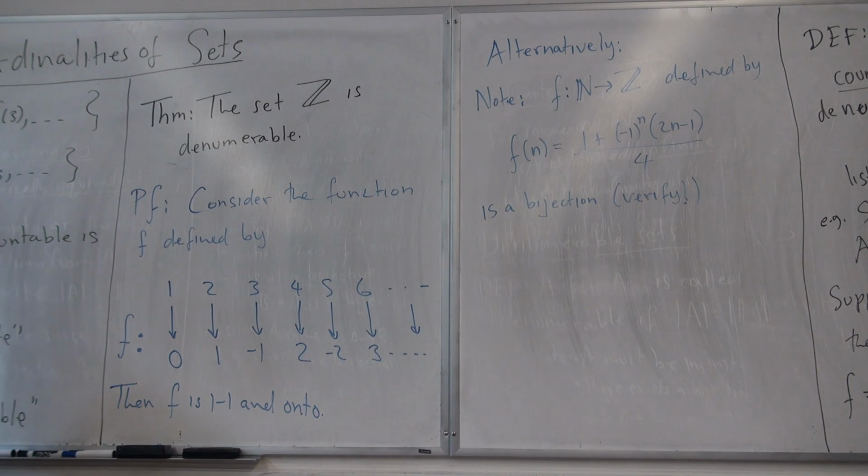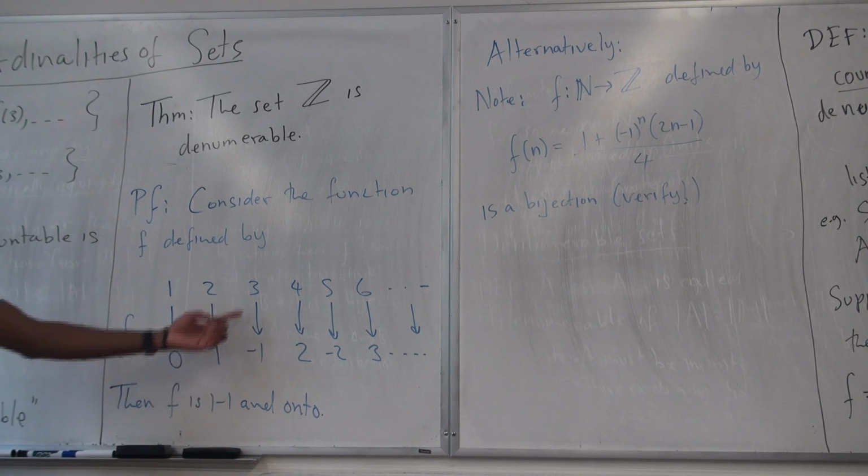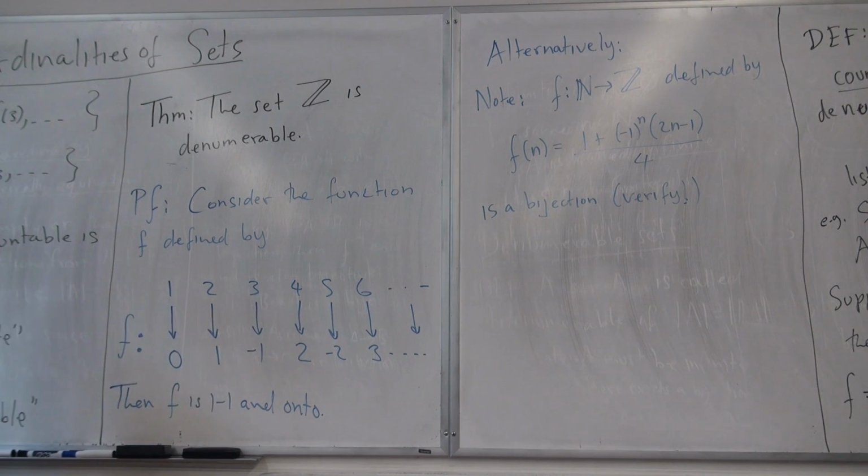So there are a couple ways you can do this. Once you can describe exactly how your function will assign elements, and you can give an argument that it's one-to-one and onto, sometimes it's really obvious. You can say they clearly have the same size.